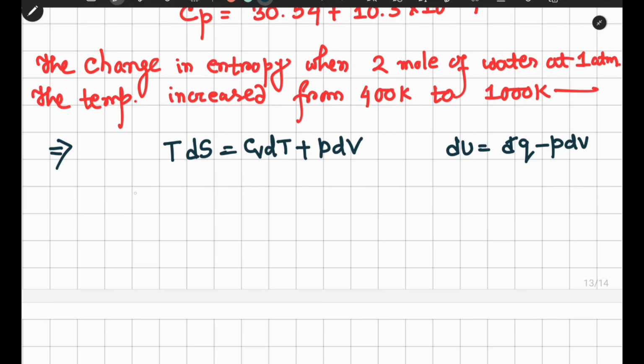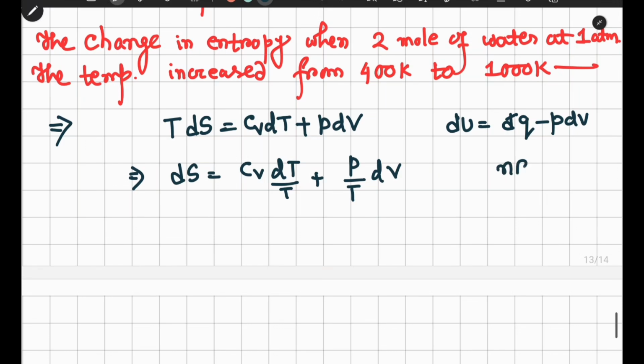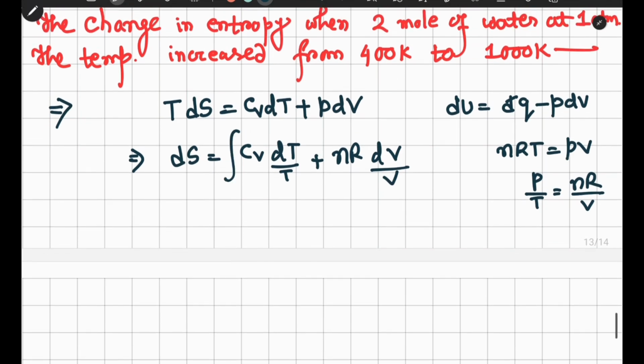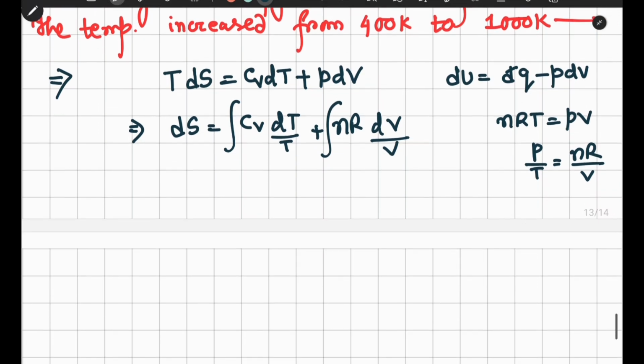So now we can write dS is eventually Cv dT by T plus P by T dV. Considering ideal gas, nRT equals PV, so P by T is nR by V. Now we have to integrate it.